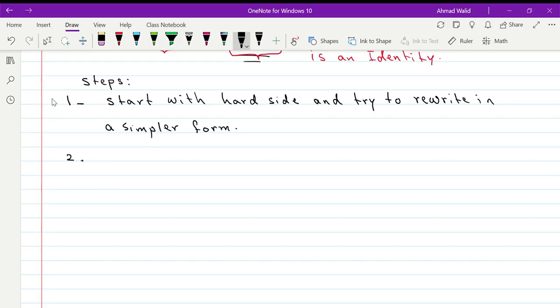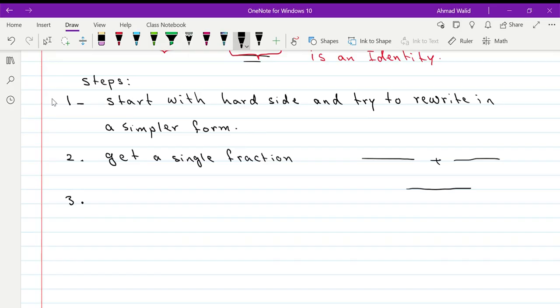Step 2. If you are dealing with fractions, get one single fraction. For example, they give you one fraction here plus another fraction. Try to combine these 2 fractions into one single fraction. That's the meaning of step 2. Step 3.